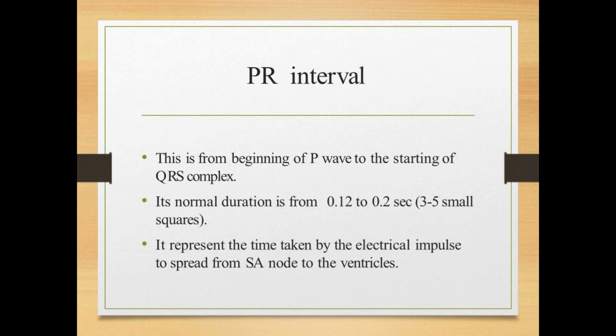It represents the time taken by the electrical impulse to spread from the SA node to the ventricles. So the PR interval is very important in terms of blocks in the heart. The normal duration of the PR, from the beginning of the P wave to the starting of the QRS, is 3 to 5 small squares.